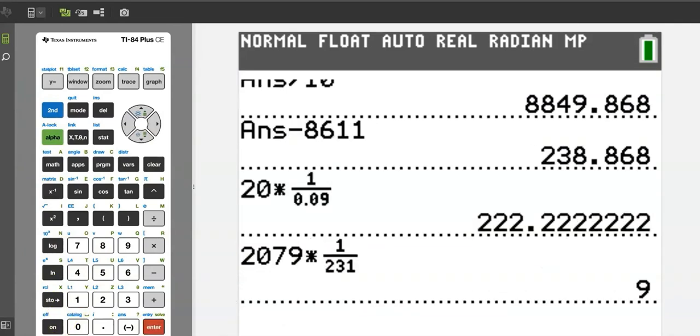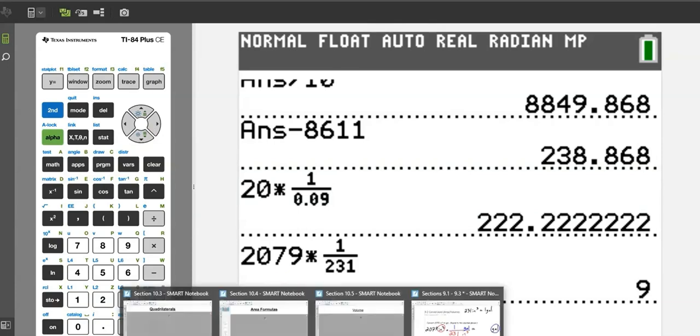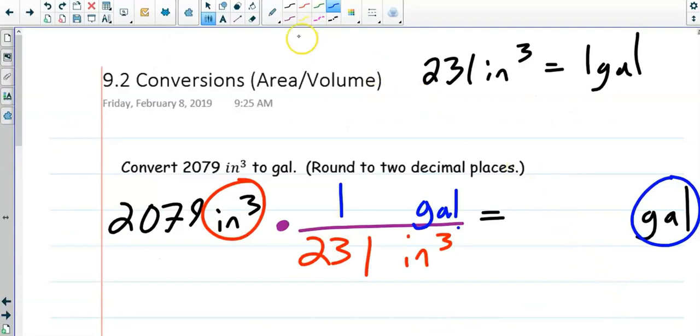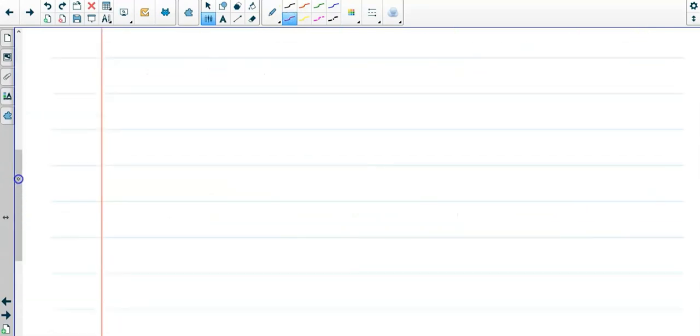And there you go. That's how many gallons are in that many inches cubed. So we got 9 gallons. Again, that's all you're doing, just like what we did in 9.1. No different. And I don't have any examples below that.